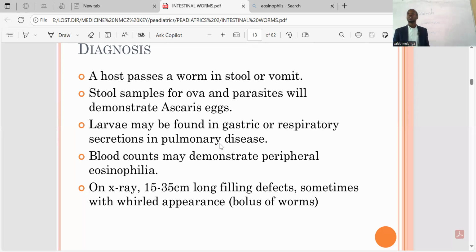Basically, this is an increase or an elevated amount of eosinophils in the blood.